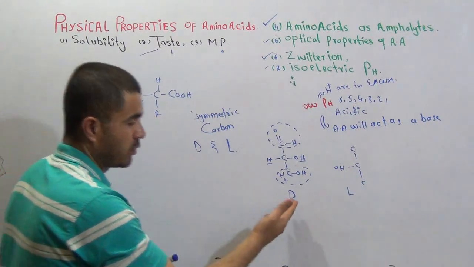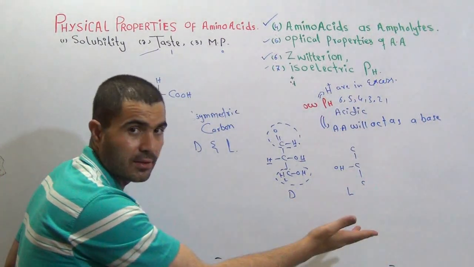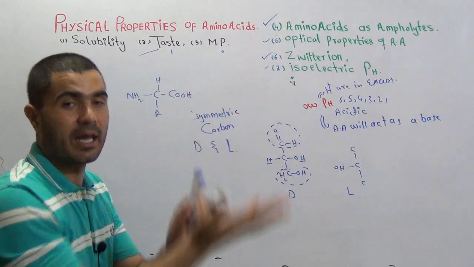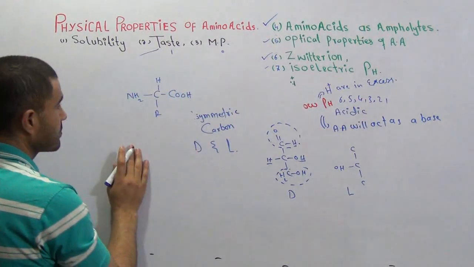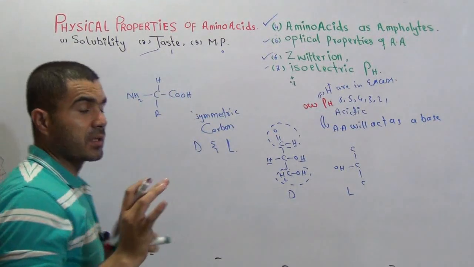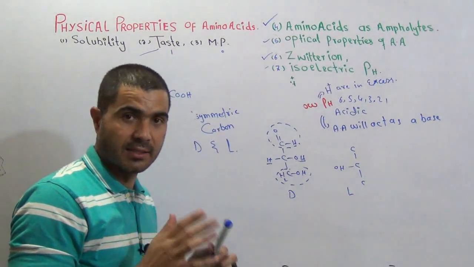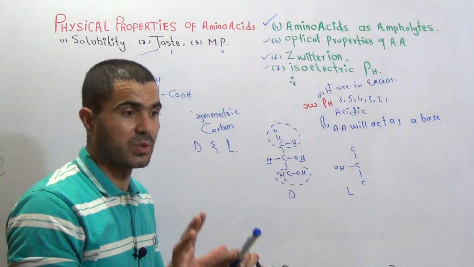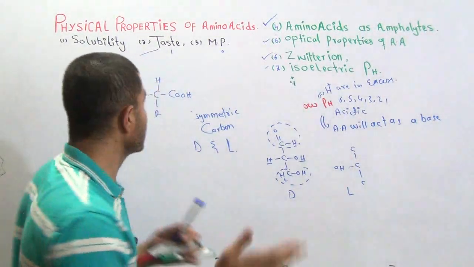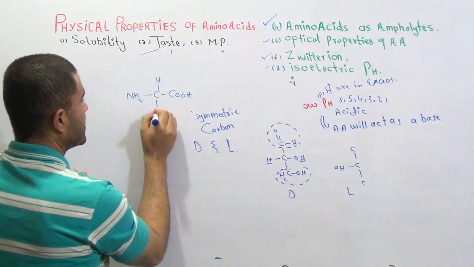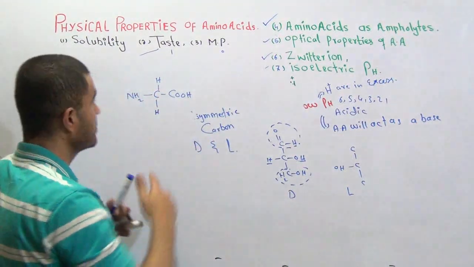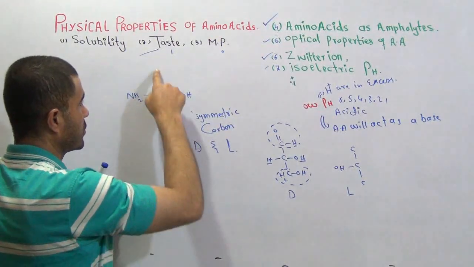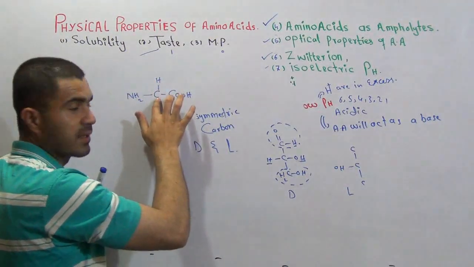As you know, optical isomers are D and L sugars, so in this case D and L amino acids. Except for the amino acid glycine, which does not have an asymmetric carbon, because in glycine there are 2 hydrogen atoms at the top and bottom, so similar groups came and it does not contain an asymmetric carbon.